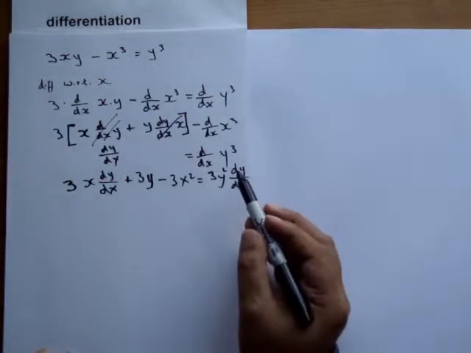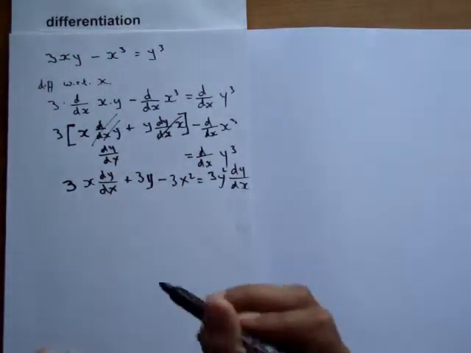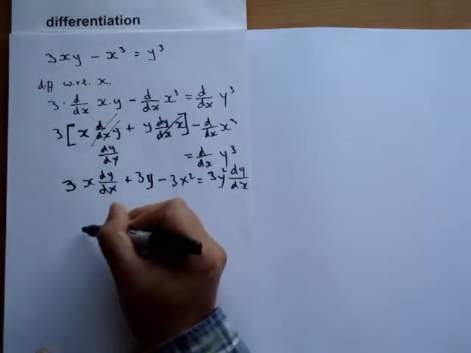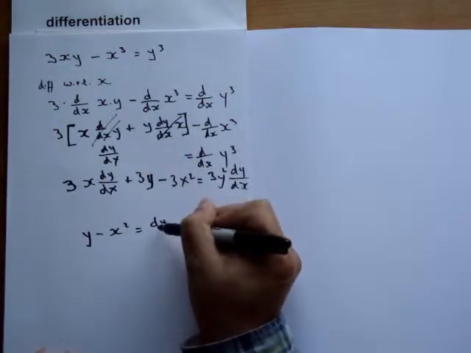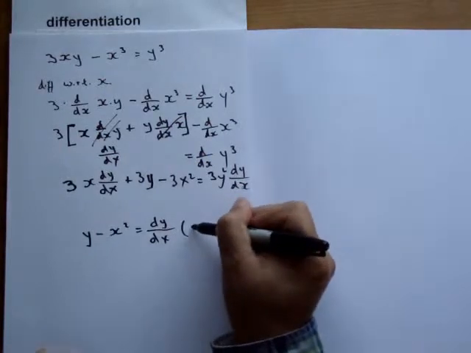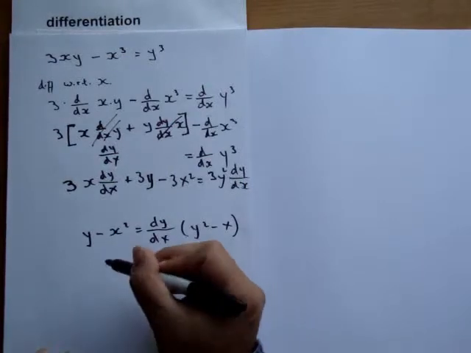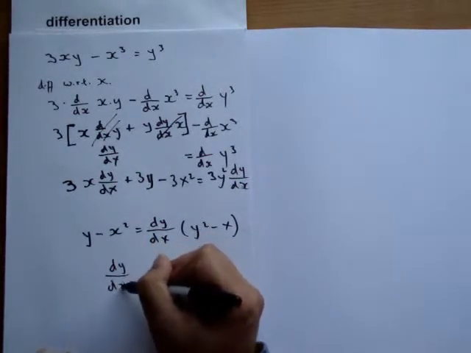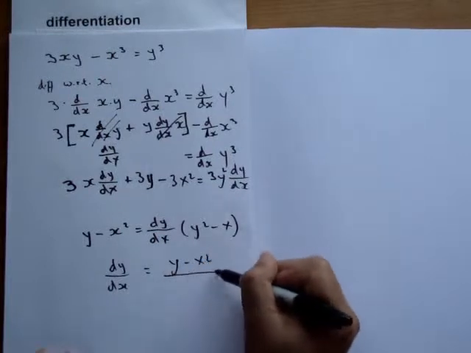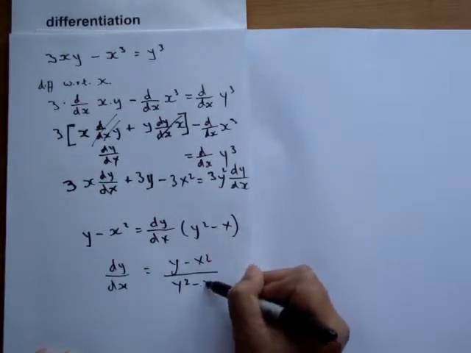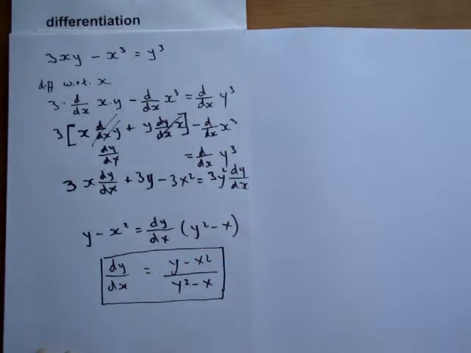Bringing all the dy by dx's to one side, we would get y minus x squared equals, and then just tidying that up. And that is your answer.